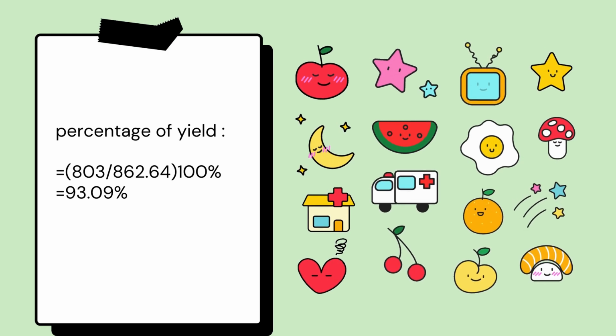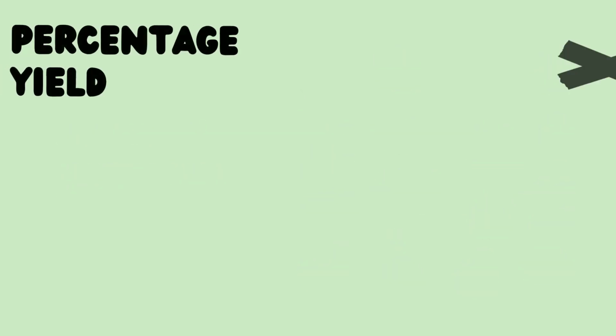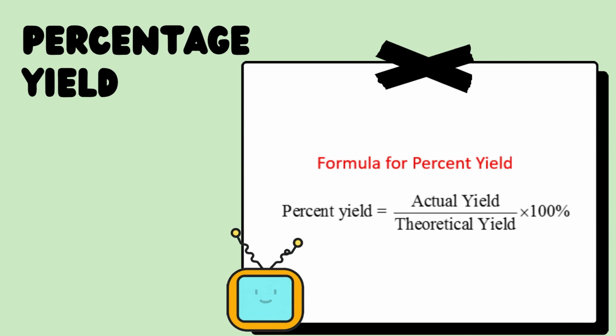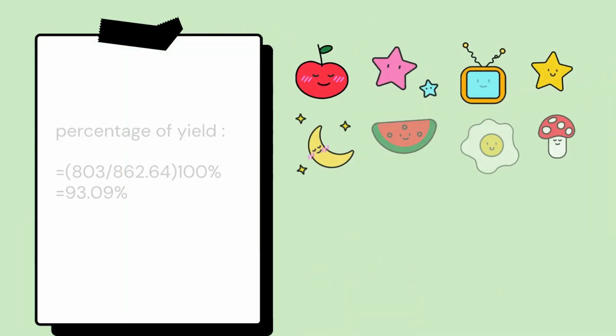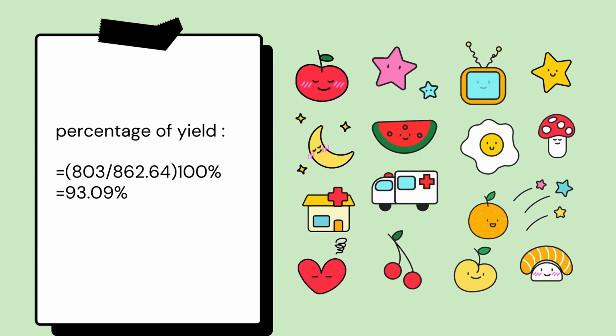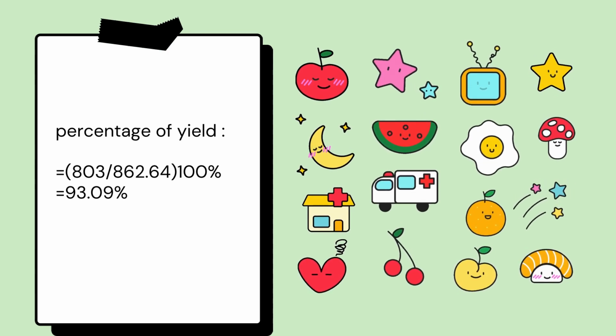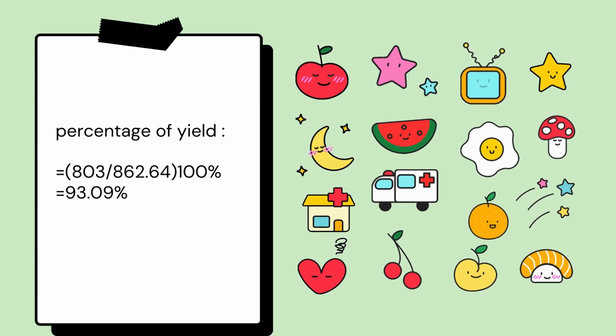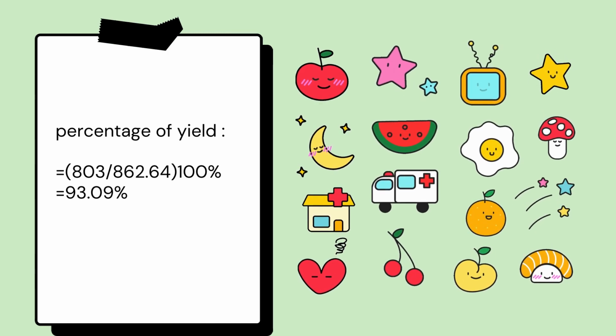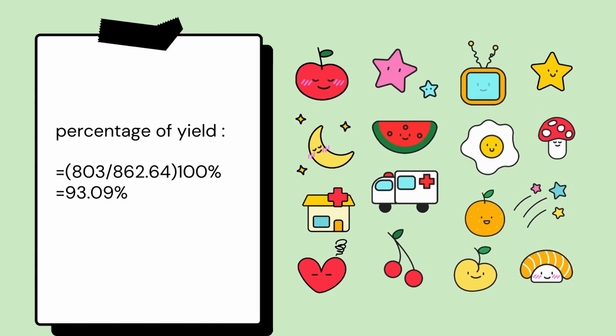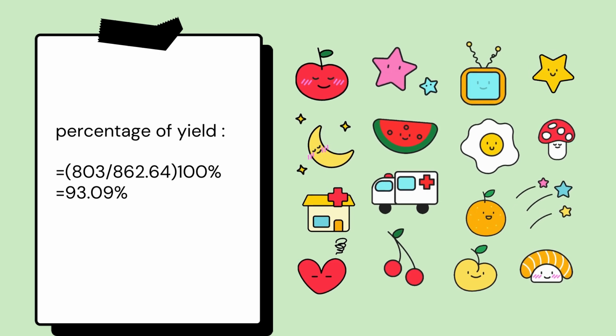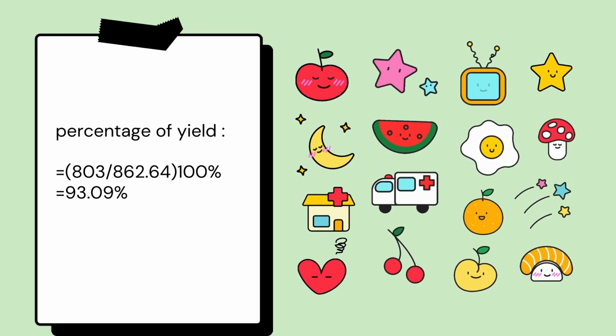The actual yield is already given in the question, which is 103. Then the theoretical yield is already obtained from the previous question. So just substitute it and multiply it with 100%. We'll get the final answer, which is 93.09%.